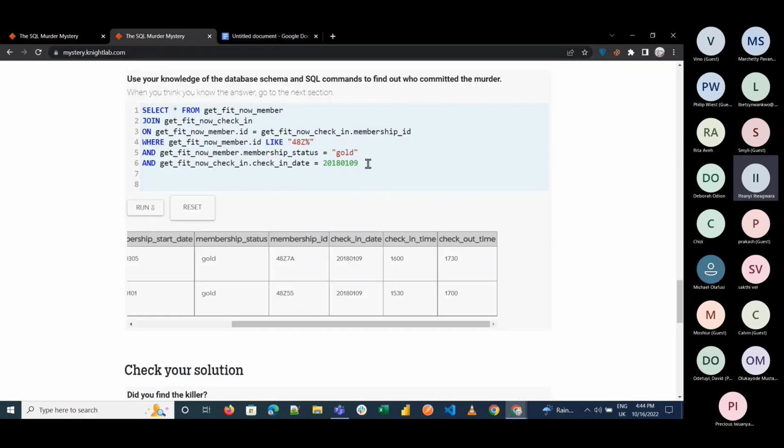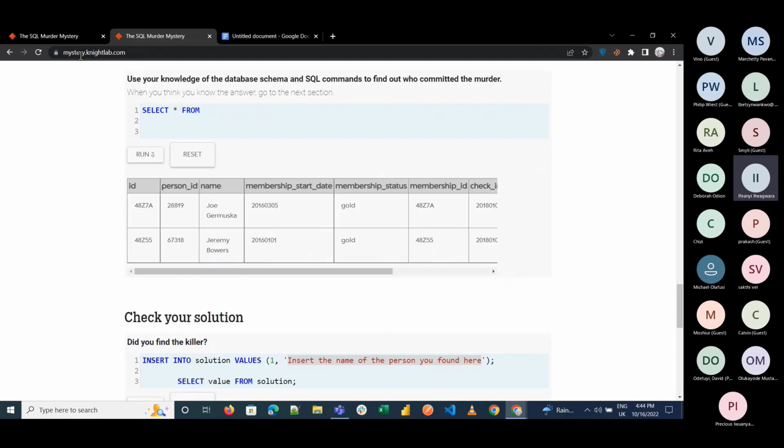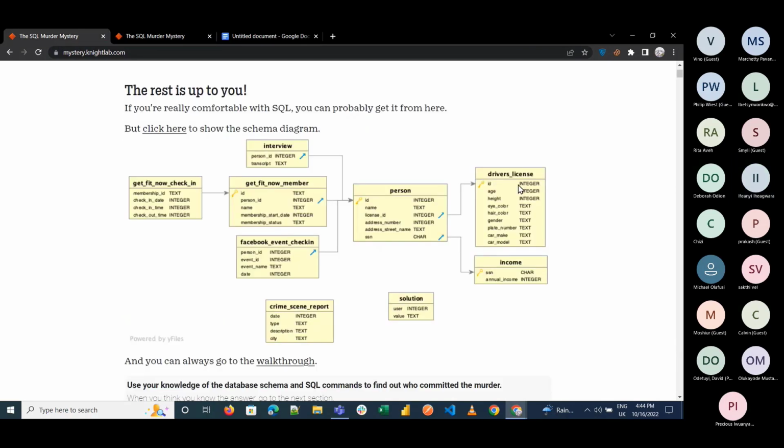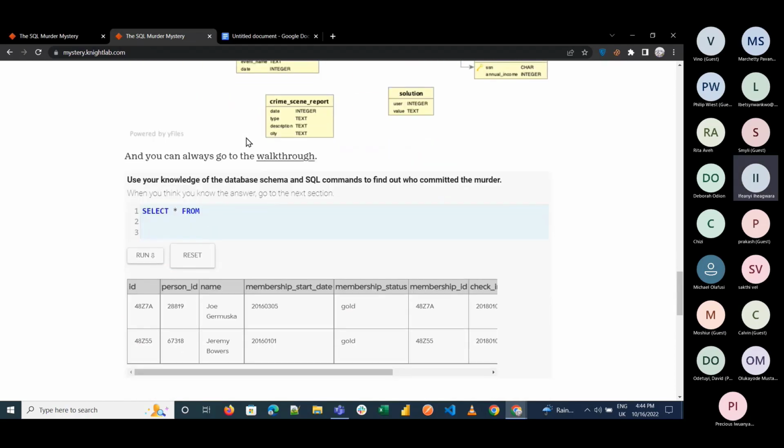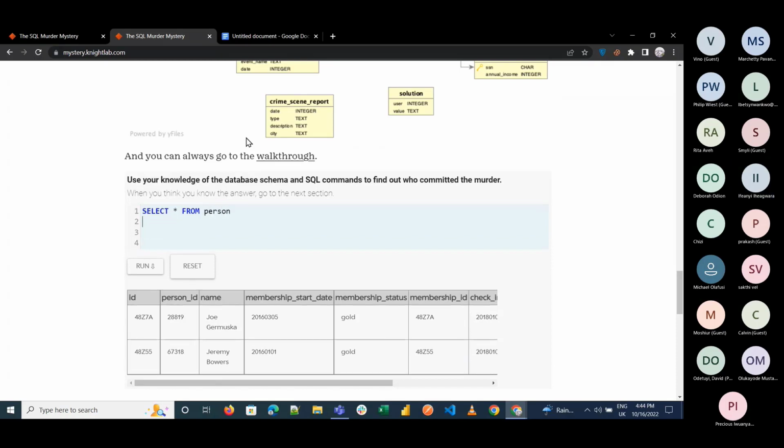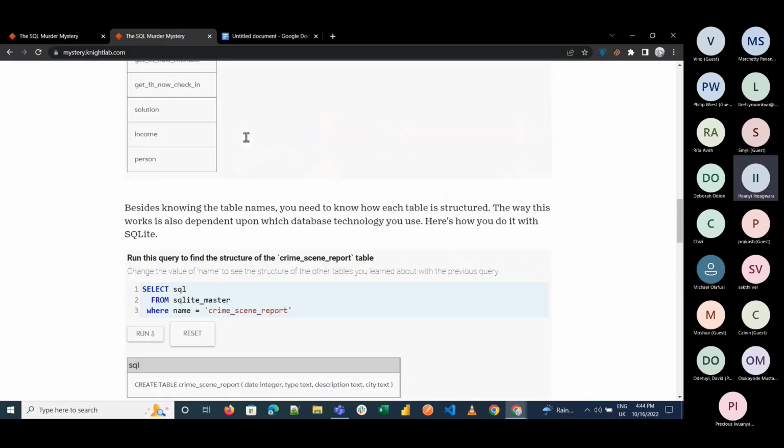So let's explore the driving license table. Once we have everybody from our persons table, let's also join it. This time we'll join it with our driving license table.